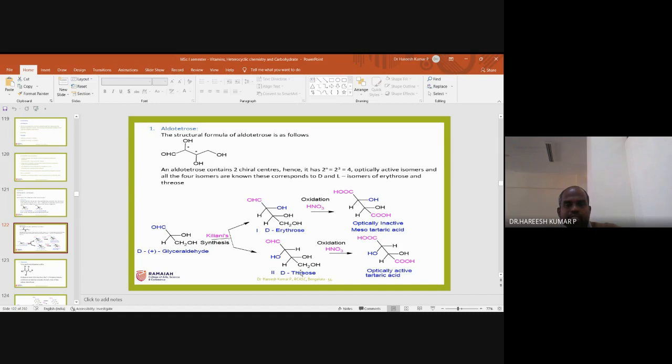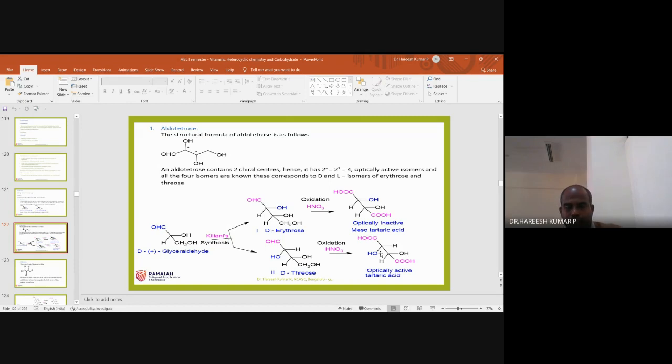The obtained erythrose and threose on oxidation with nitric acid: erythrose is giving an optically inactive compound, threose is giving an optically active compound. So is there any doubt in the determination of configuration of aldotetroses? No, sir. Okay.